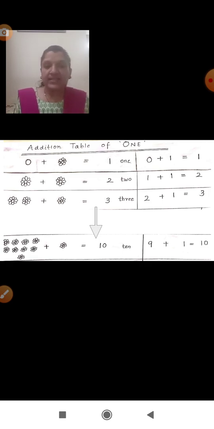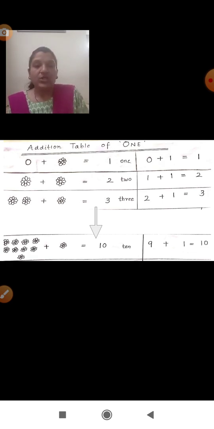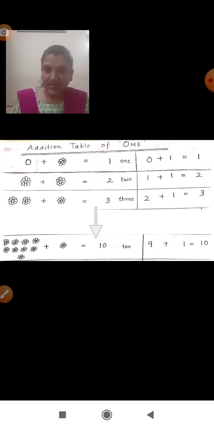Then you will write in the next column 3 plus 1 equals to 4. Next row you will show 4 flowers plus 1 flower equals to 5, FIVE 5. Then next column you will write 4 plus 1 equals to 5.